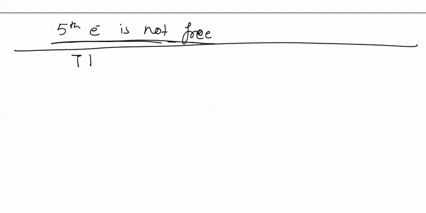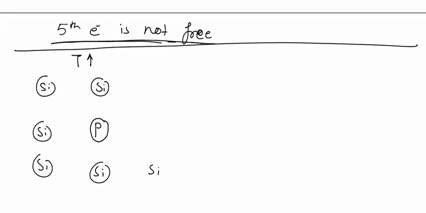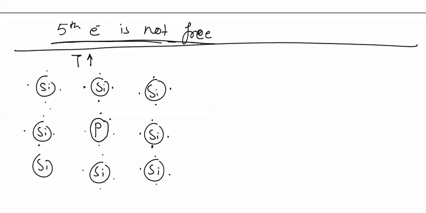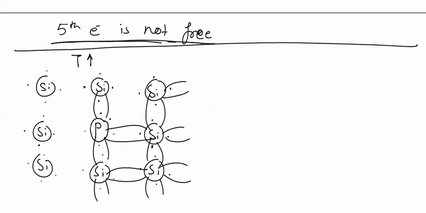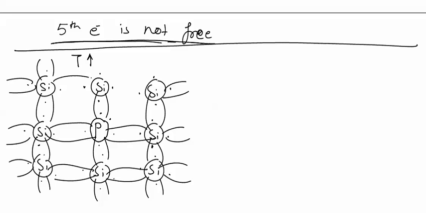Now we will increase the temperature. The bond structure, which is already seen: each silicon will consist of 4 valence electrons, while phosphorus will consist of 5 valence electrons, and the bond structure will look like this.